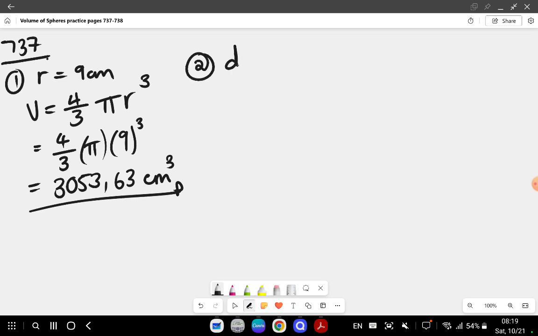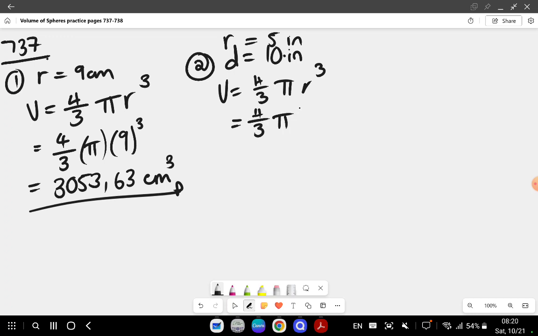The diameter is equal to 10 inches, which means that the radius is equal to 5 inches. Volume is equal to 4 over 3 pi r cubed. So that's 4 over 3 pi 5 inches cubed.